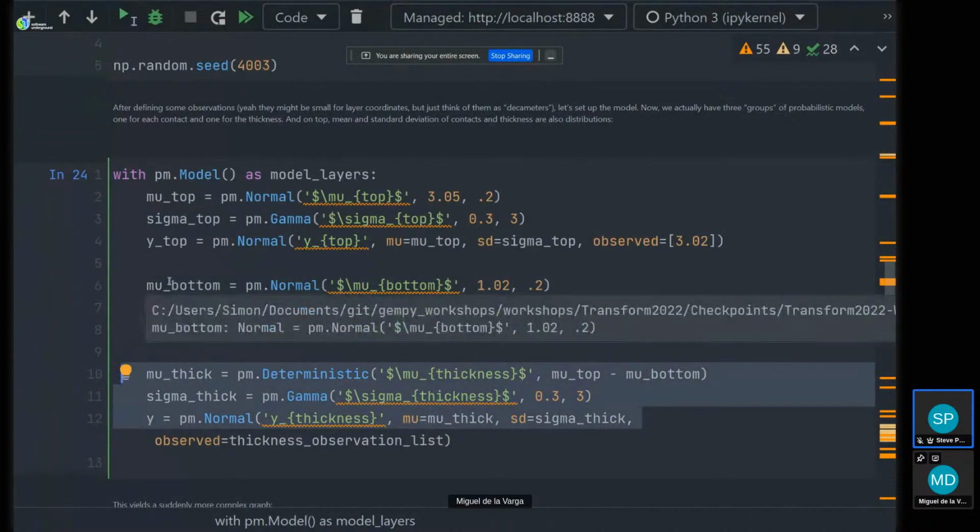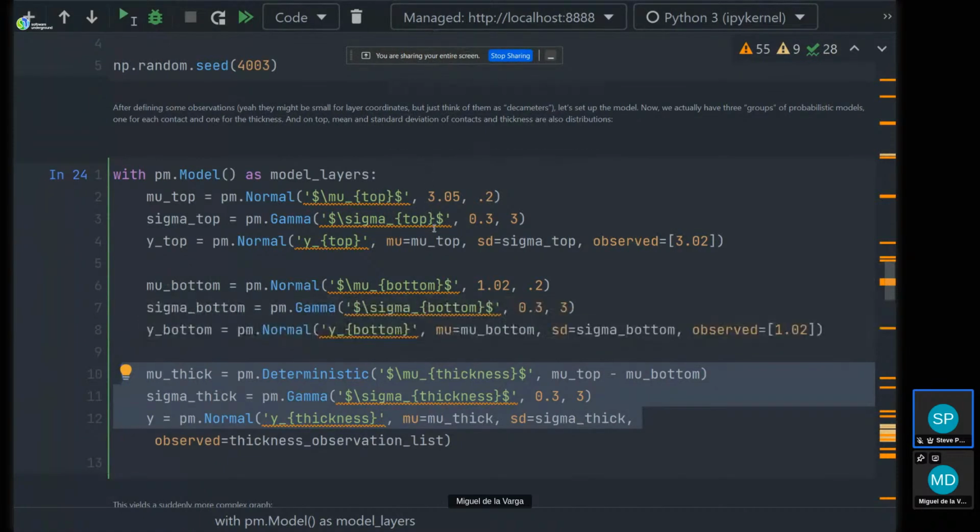We could make each of these independent, and then it would basically be the same exercise that we were doing before. But here there is this deterministic function that depends on the mean of the top and the mean of the bottom layer.